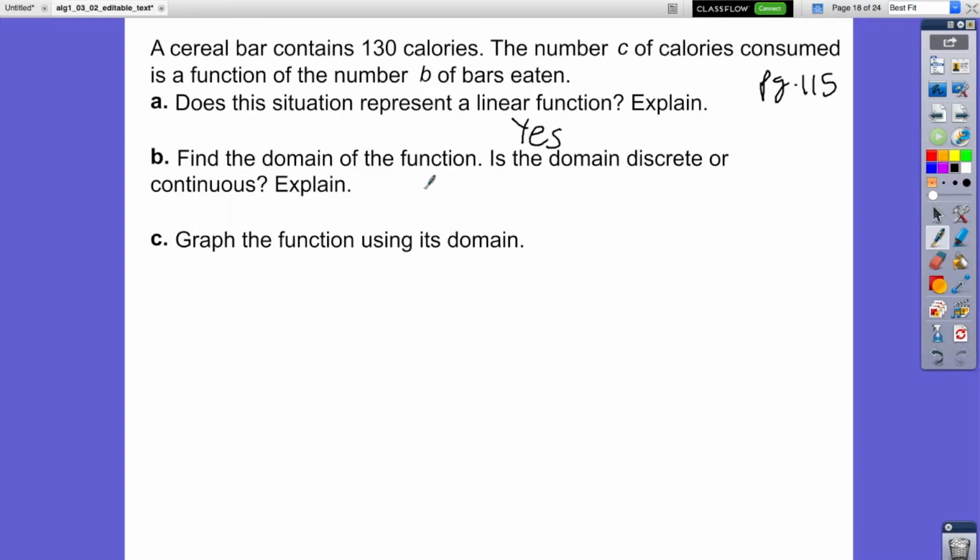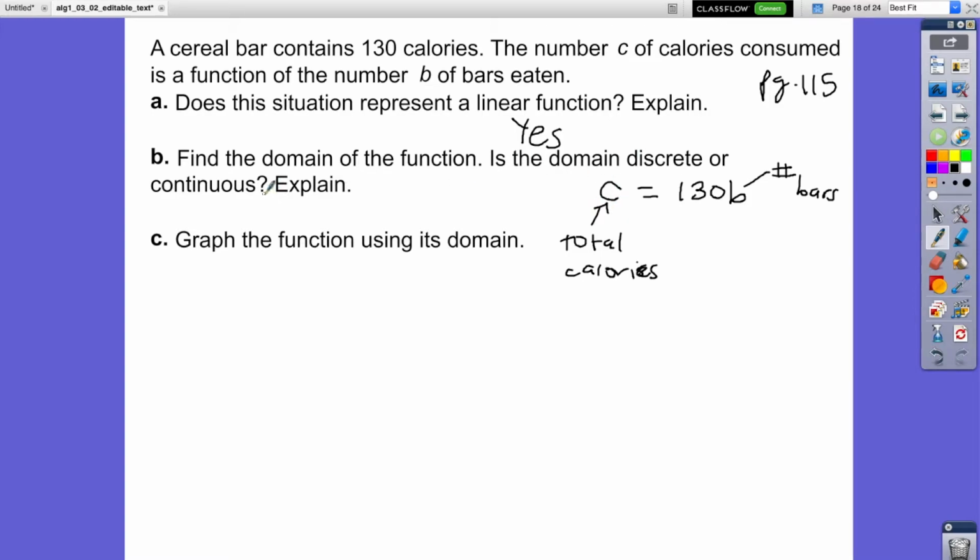Okay, so let's think about it. So C, calories consumed, 130 for each bar. So this is the number of bars. C is the total calories. No bars, no calories.